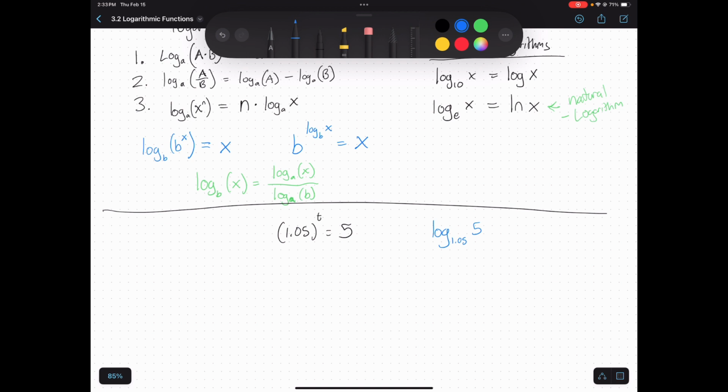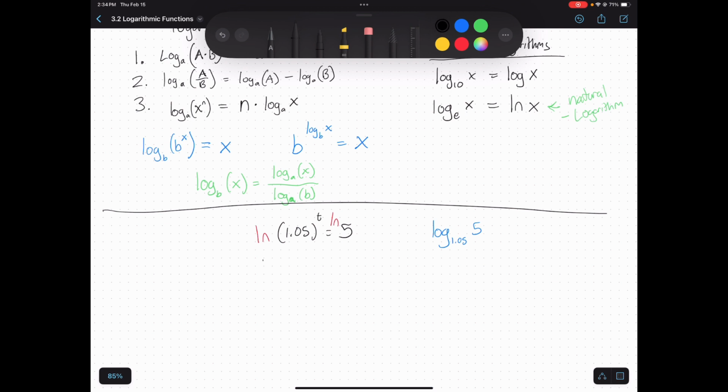So instead, let's use one of my common logarithms. And you're going to notice I prefer the natural log. So I'm going to use the natural log here. So what I'm going to do is take the natural log of both sides of my equation. What does that leave me with?